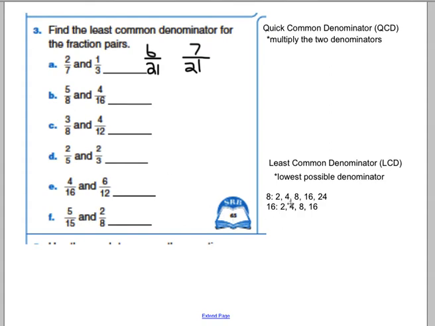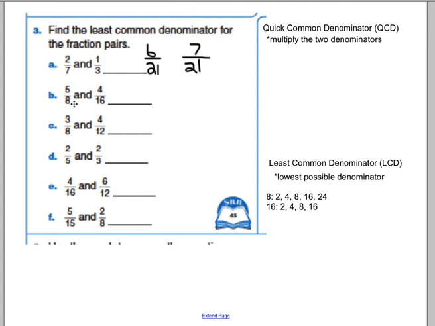Well, let's check 4. In order for 4 to be my denominator, I would have to do 8 divided by 2 to get 4. So 5 divided by 2 also would not work because my answer is not a whole number. So 4 is not going to work either. Well, how about 8?